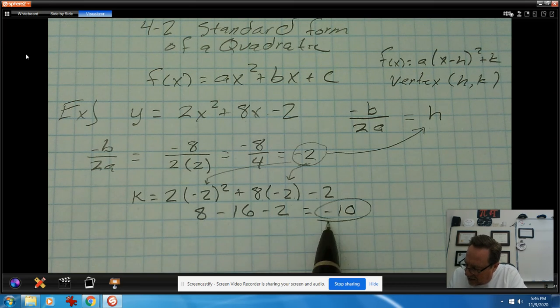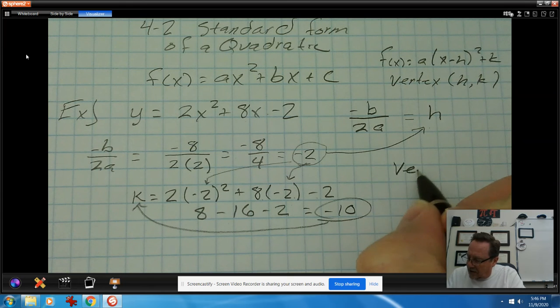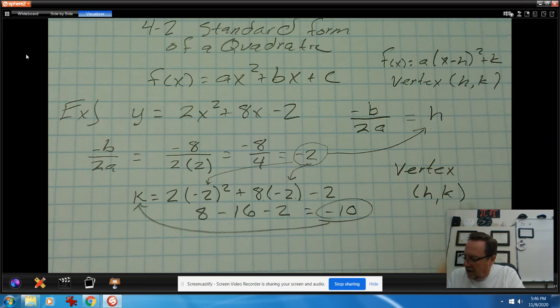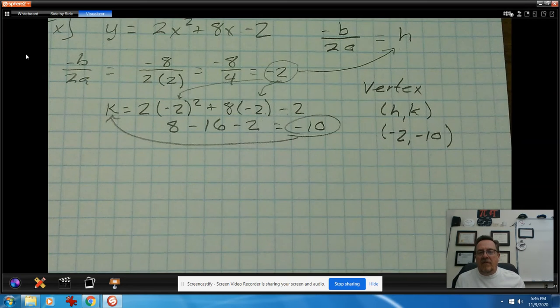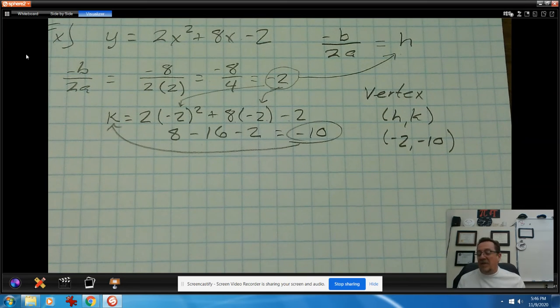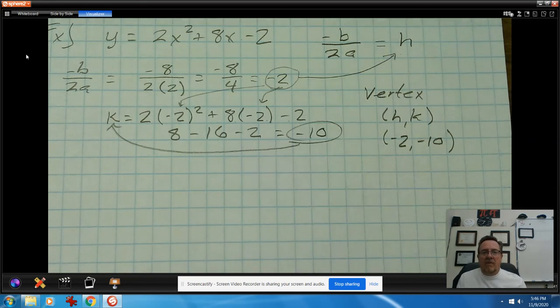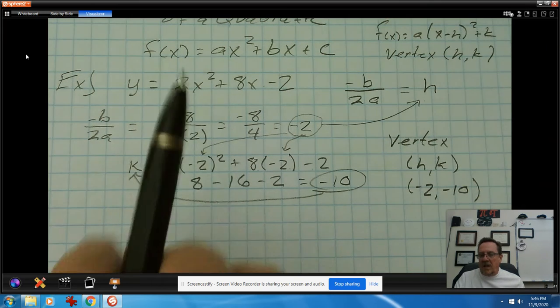My k is negative 10. So my vertex, which always lives at h, k, is going to be at negative 2, negative 10. Okay? My vertex is at negative 2, negative 10, because the magic is right here. This is the magic. You've got to remember the magic thing for the entire chapter. We're going to be given parabolas most of the time in standard form.